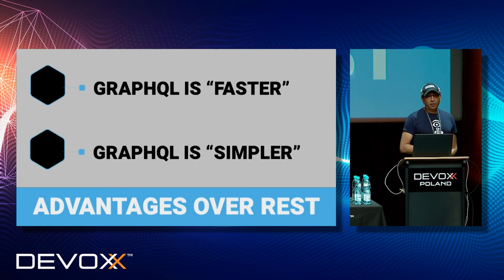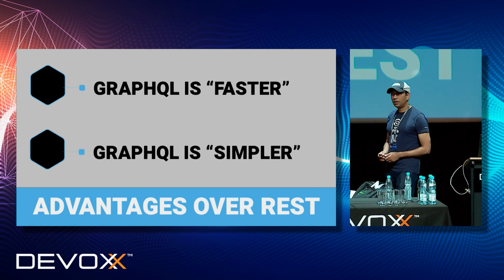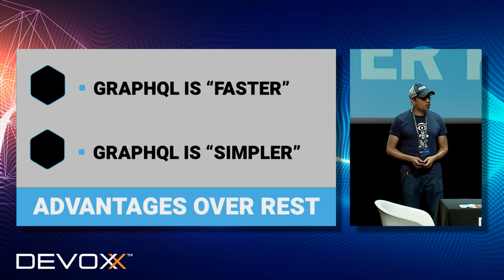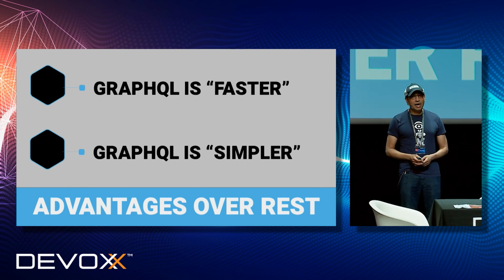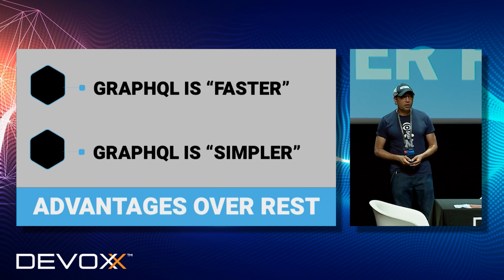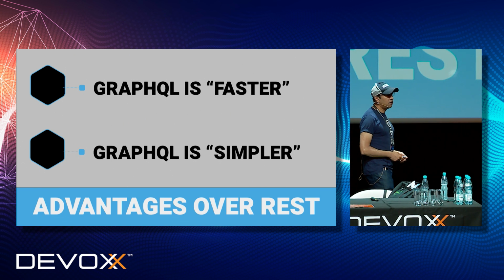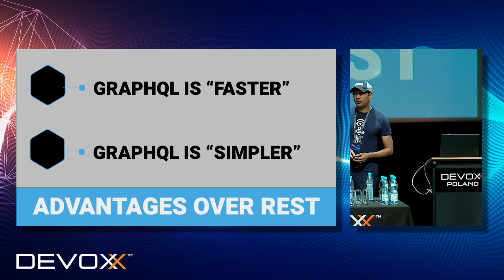All right, so because of these reasons, some people will say GraphQL is faster, and some people will say GraphQL is simpler. And the reason why I have that in quotes is because it depends on how you look at it, right? There are certain cases where REST is actually simpler, and there are certain cases where REST is actually faster.